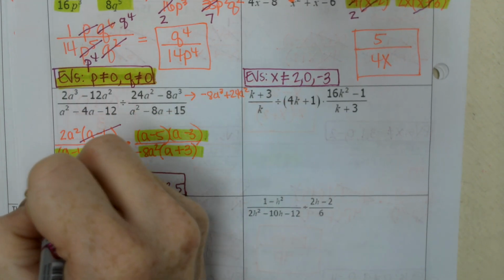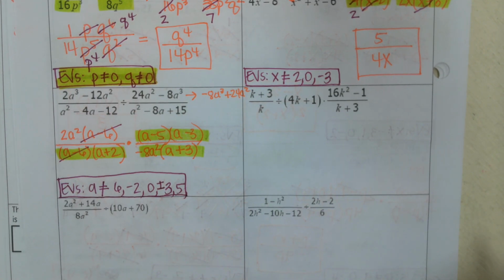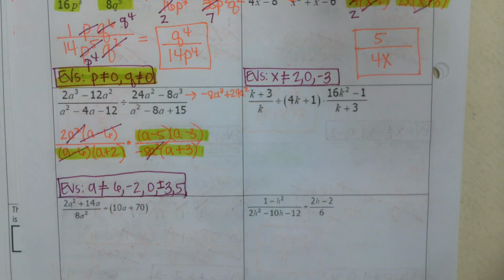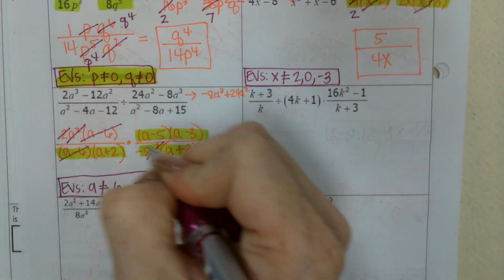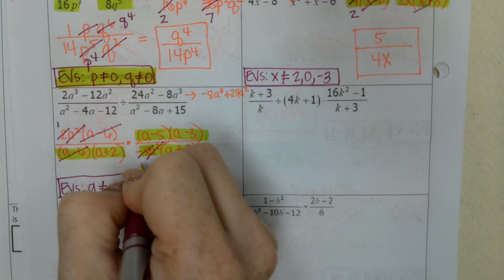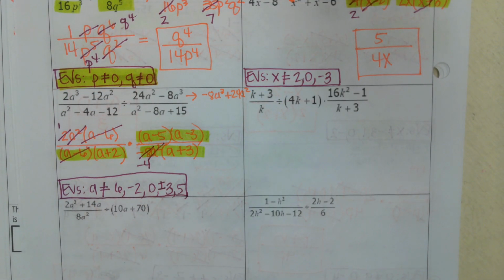The easy things to cancel out, I've got the a minus 6's. The a squareds go away, right? And then the 2 and the negative 8 becomes 1 over negative 4. Is there anything else?